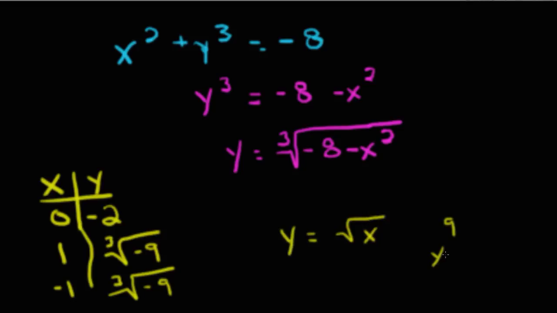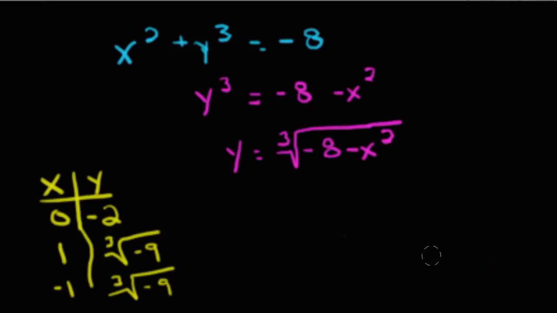Because there's a possibility that negative 3 times negative 3 is also equal to 9. So in that case, there's not a one-to-one relationship. But in the equation that we're working with here, y equals the cube root of negative 8 minus x squared. For each value of x, there's only one possible value for y.